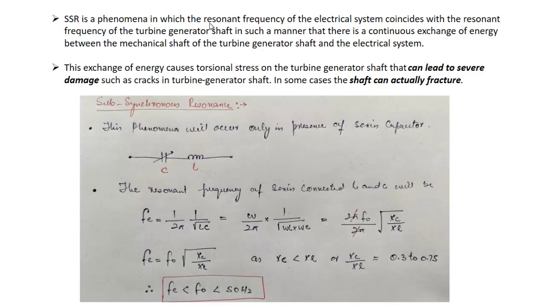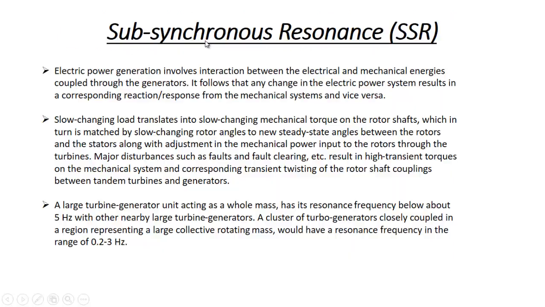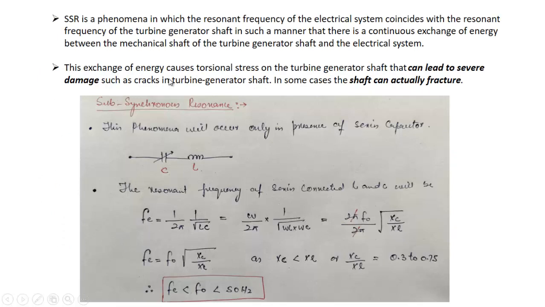If that frequency coincides with the mechanical resonant frequency, that is the resonant frequency of the turbine generator shaft that we have just considered to be 0.2 to 3 Hz, in such a manner that there is a continuous exchange of energy between the mechanical turbine generator shaft and the electrical system.